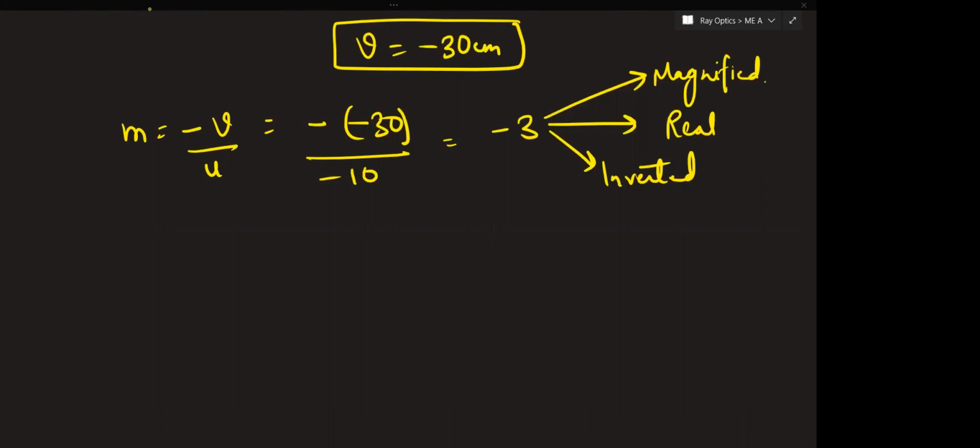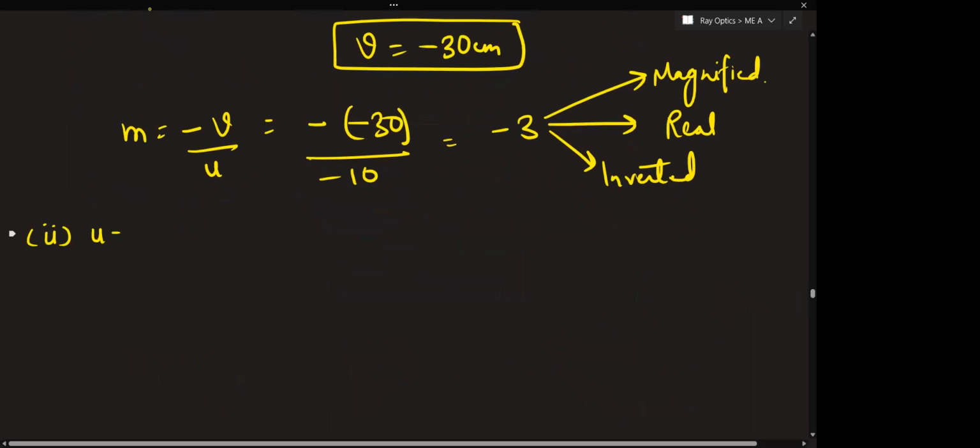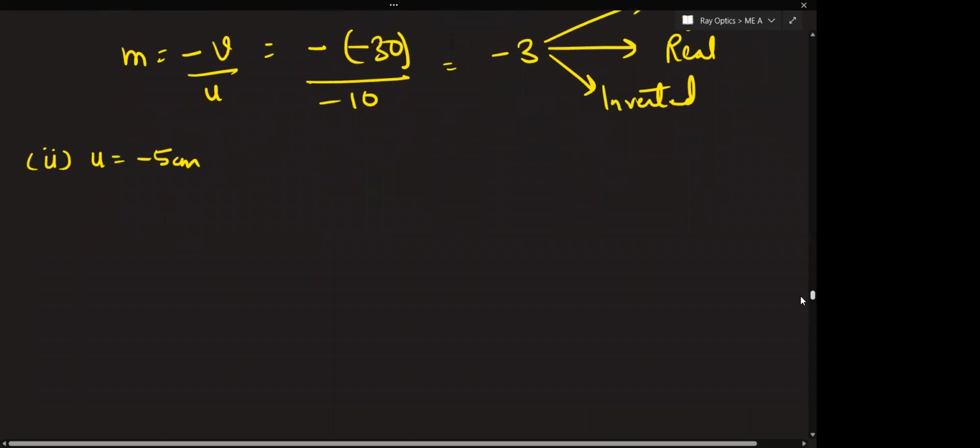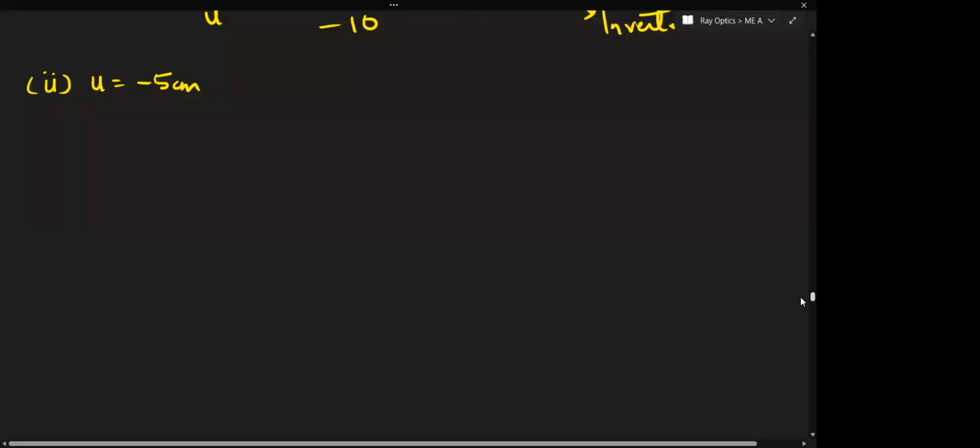See class, in the second part, take the object distance as -5. Did anyone get any answer? See, if you take the object distance as -5, the rest of the things will remain the same. 1 by v will be equal to 1 by f minus 1 by u.